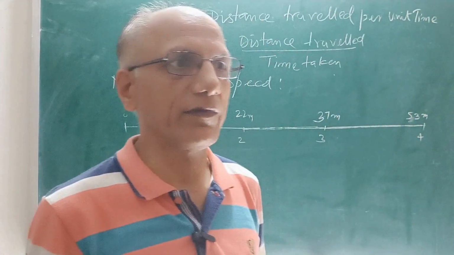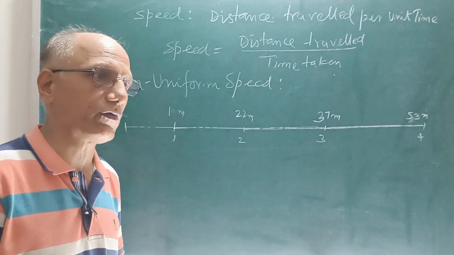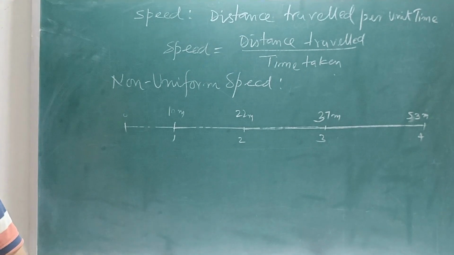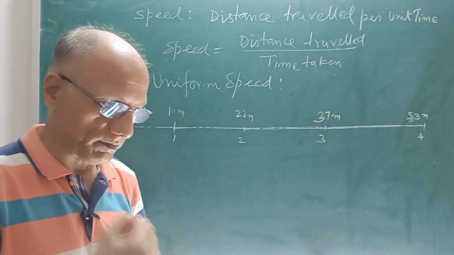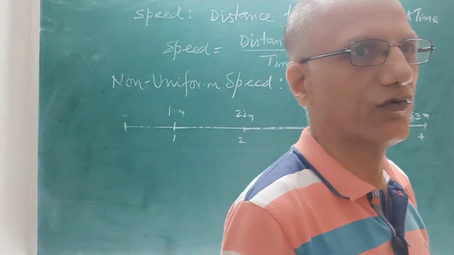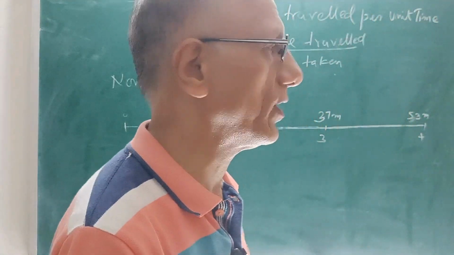When you become late for the school, then what you do? You start running, and when you reach closer to the school, then you run even faster, looking that you are becoming more and more late.